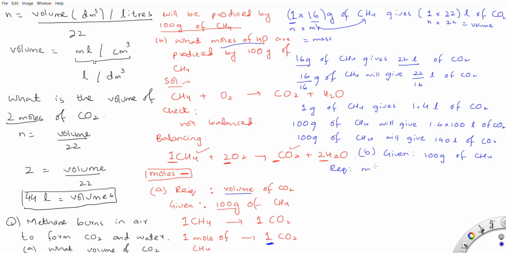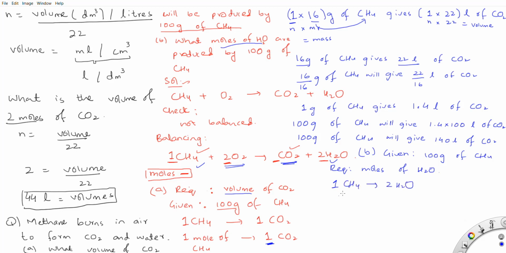Moles of H2O are required. So again, I can proceed accordingly. In the given question, I need to work out methane with water, so I can totally ignore oxygen and carbon dioxide in part B. So I can now write that 1 mole of methane produces 2 moles of water.